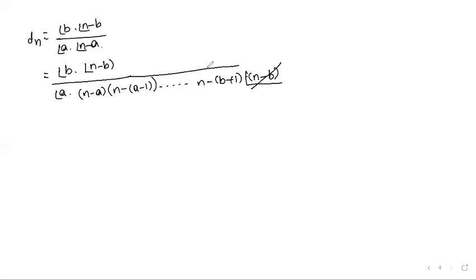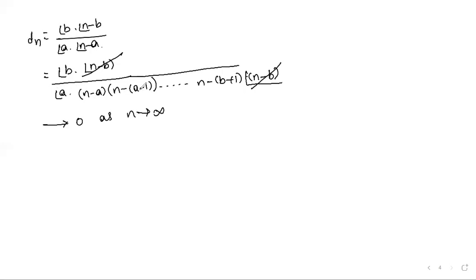So (n minus b) factorial cancels with (n minus b) factorial. So b factorial divided by something that grows like n into n into n, and this converges to 0 as n tends to infinity.